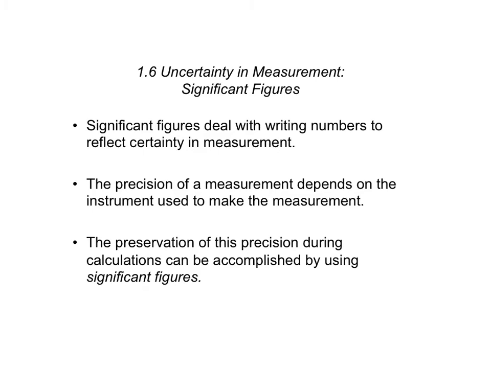We cannot improperly report a bunch of certainty with an instrument that doesn't have a lot of certainty, okay? So we have to essentially convey how certain we are with respect to the instrument that we are using. To preserve this certainty, when we actually utilize these numbers for calculations, this is why we use things called sig figs. And again, I'll try to explain what I mean by that in a second.